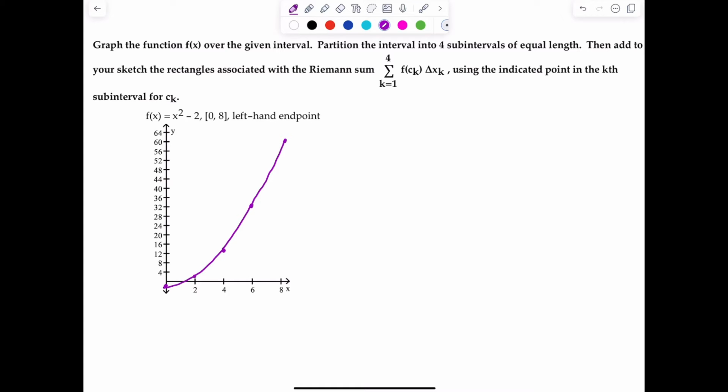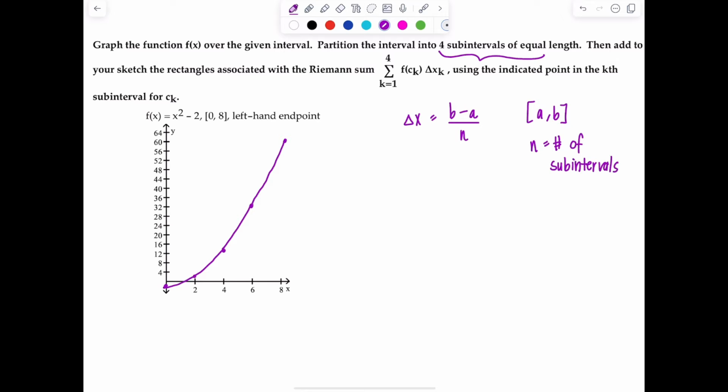Great. Now, partition the interval into 4 subintervals of equal length. So I want to know how wide, what's the length of each subinterval. We call that delta x. And to find delta x, you always take b minus a divided by n, where a and b are the endpoints of your interval, and n is the number of subintervals.